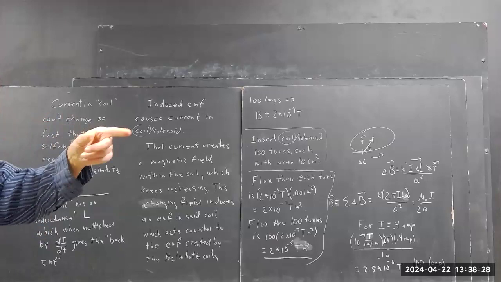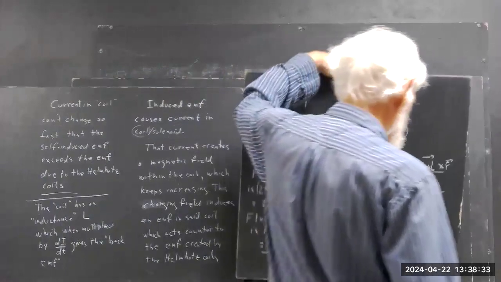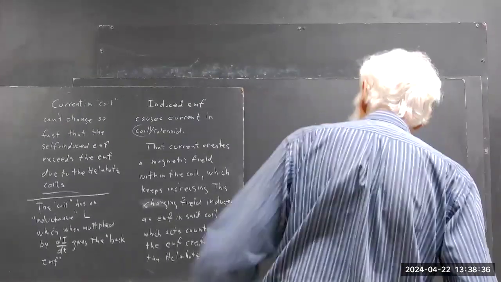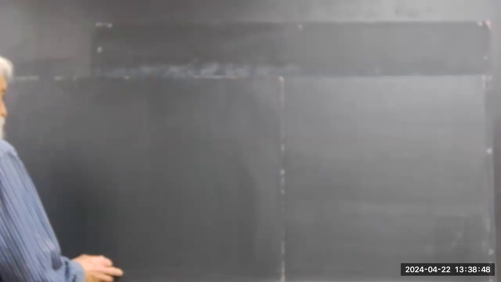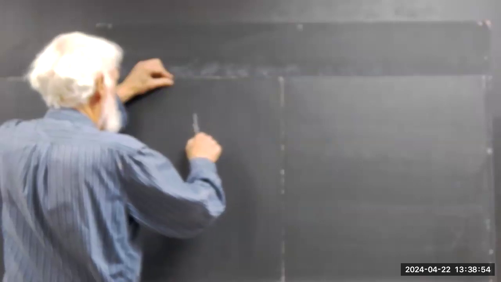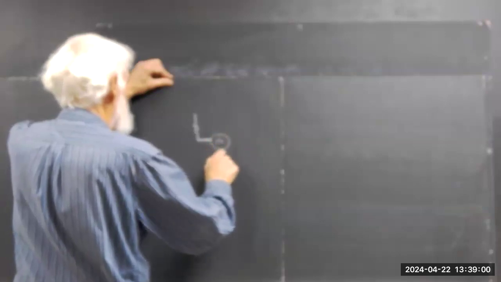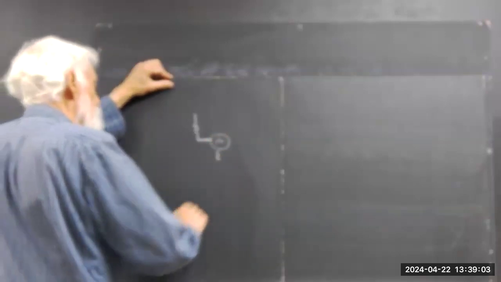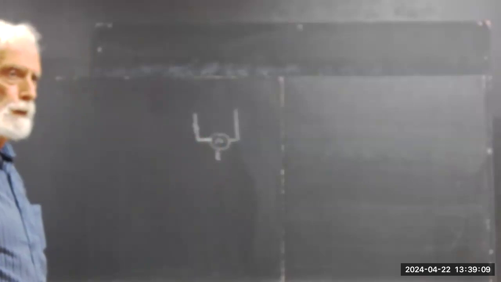Simple circuit that we actually were observing. Coils of the galvanometer. This doesn't have to be a coil within a coil.